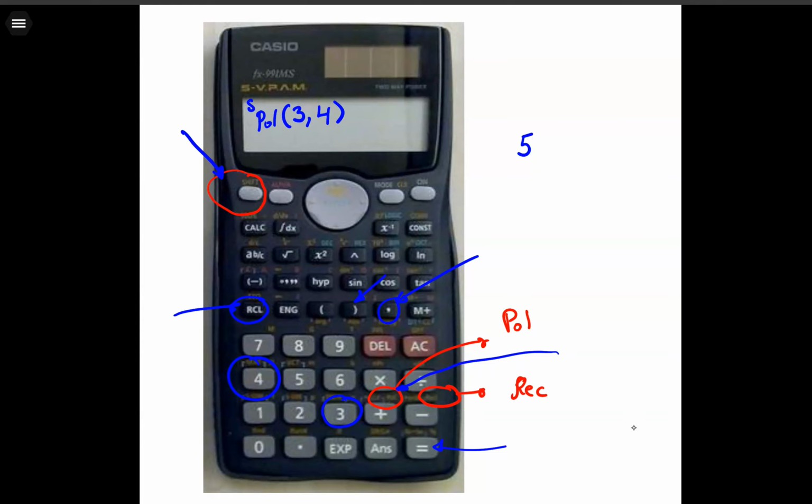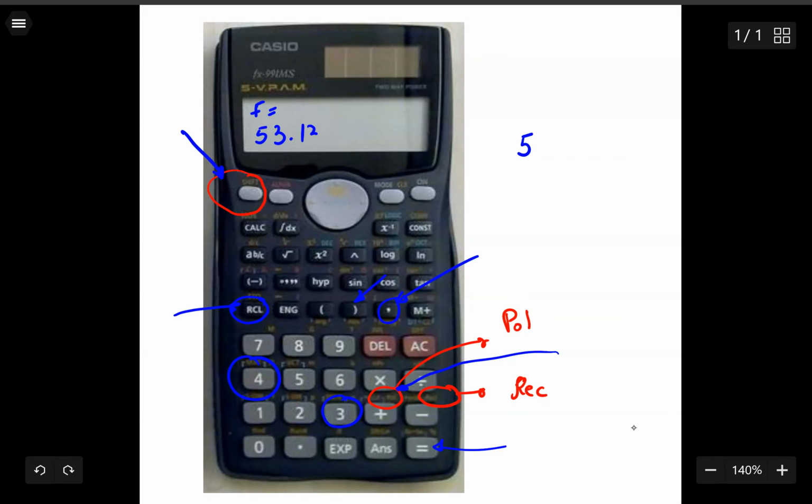Let me find the eraser on my screen. Okay, so this will disappear as well, and after I press that, go with equal to, and you see 53.13010235. So this is actually the argument, and it's in degrees.